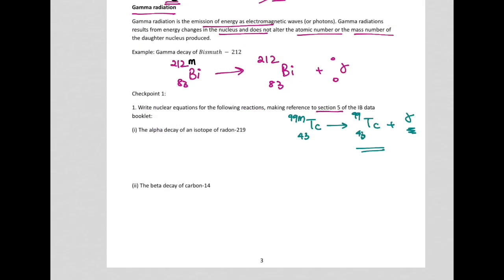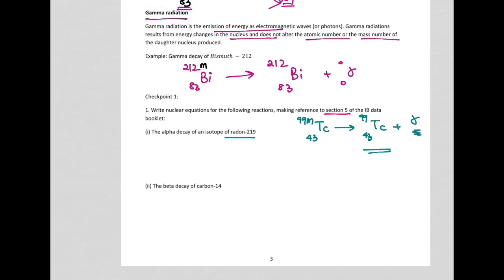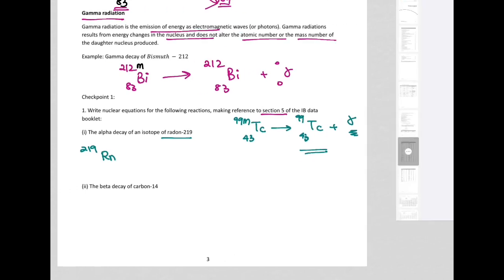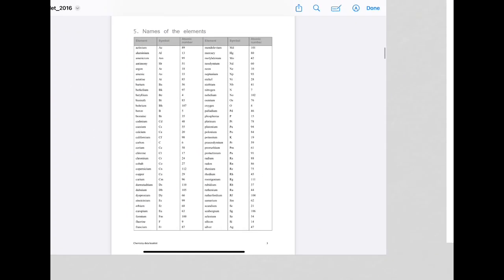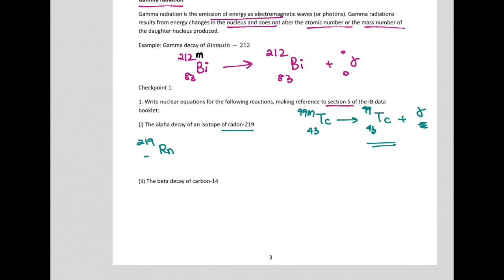Let's now see these questions. So you have the alpha decay of radon-219. We're going to start by writing the symbol of radon, so 219, and I'm going to be using section 5 of the data booklet. So I find radon here. This is 86.